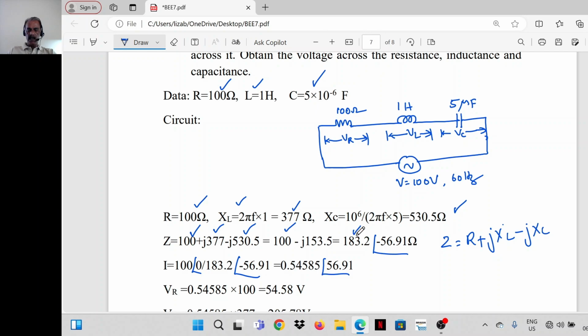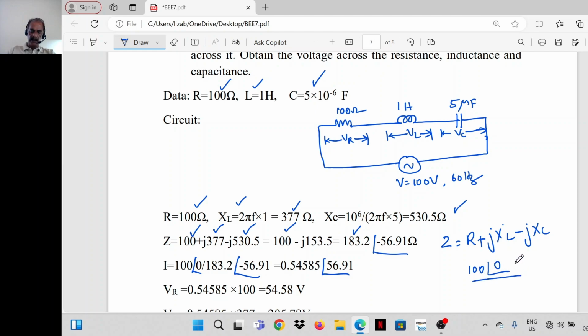So the net impedance is 183.2 angle minus 56.9. So current through the circuit is, voltage is given as 100 volt, so we have to take it as the reference.